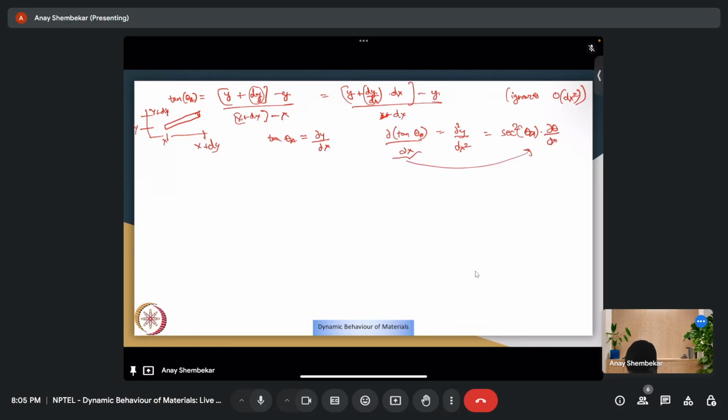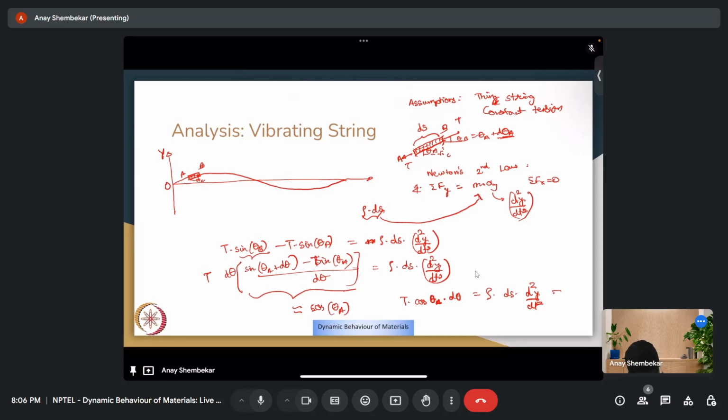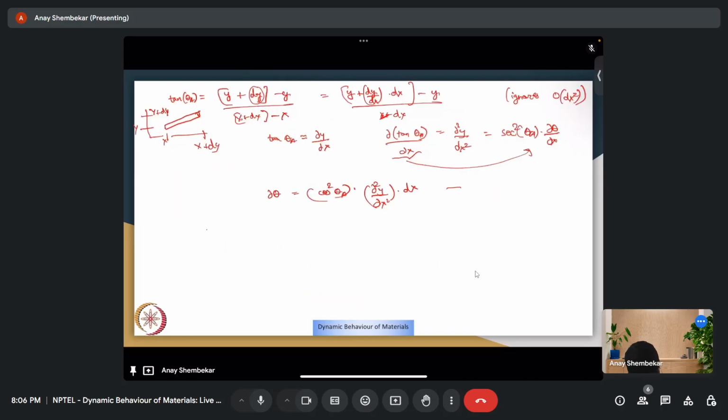Differentiating this and moving around, you get partial theta to be cos square theta times second partial of y by partial x square times dx. This is my d theta. Another important thing is cos of theta is dx by ds, which means ds is equal to dx by cos theta.